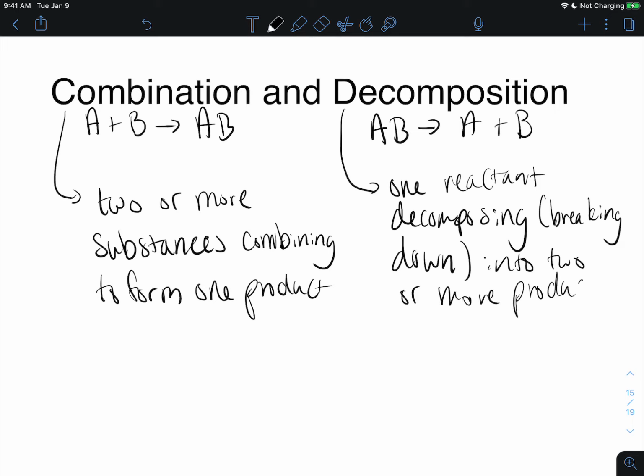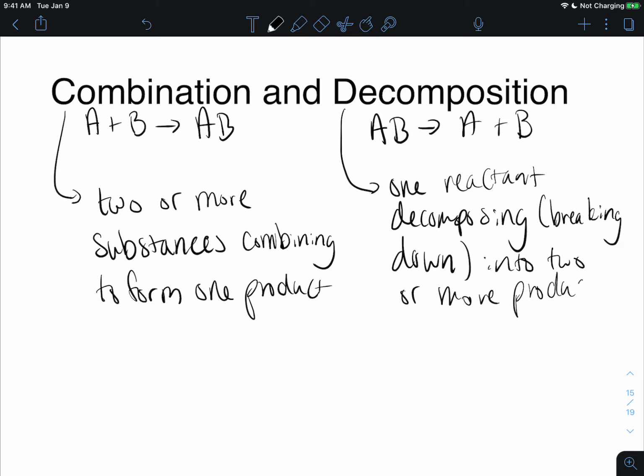A combination example of this would be 2H2 gas plus O2 gas yields 2H2O gas, or 2Mg solid plus O2 gas goes to 2MgO solid.